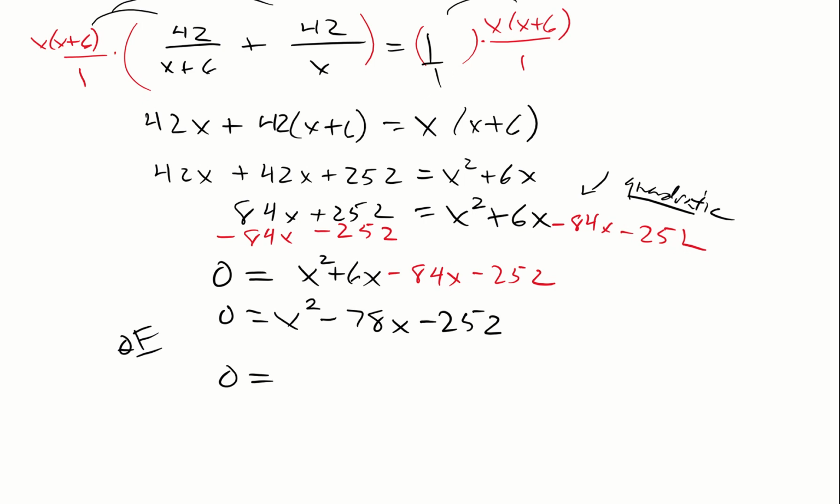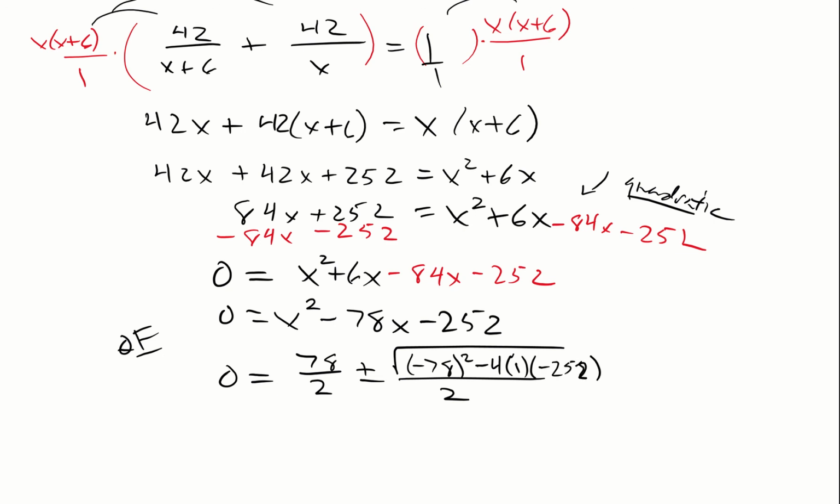I ended up with minus b, which is a minus is positive 78, over twice a, which is 2 times 1, plus or minus the big radical over also 2. And in here we have minus 78 squared, minus 4 times a is 1 times c is negative 252. One little sign will mess you all up, so be sure to get that right.